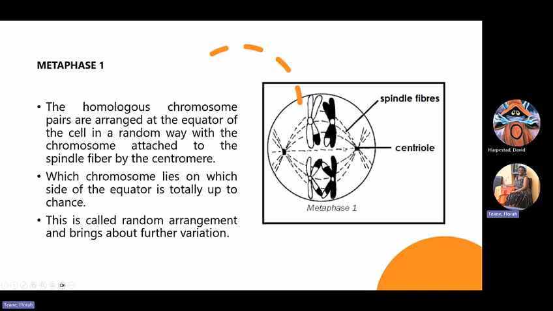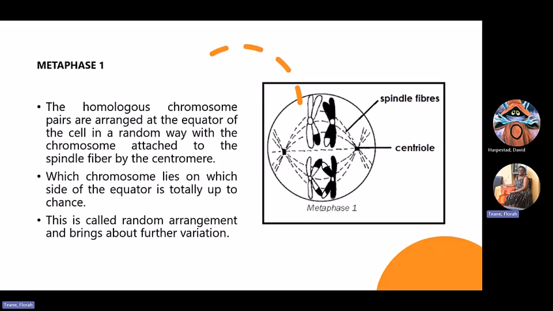This is the spindle fiber. And this part of the spindle fiber is called the pole. It's formed by centriole. Here are chromosomes arranging themselves at this imaginary line at the center that we refer to as the equator.